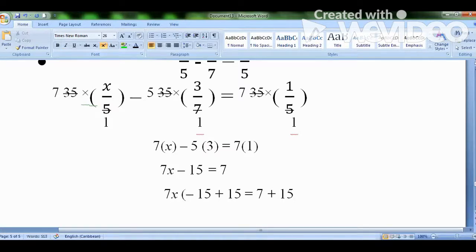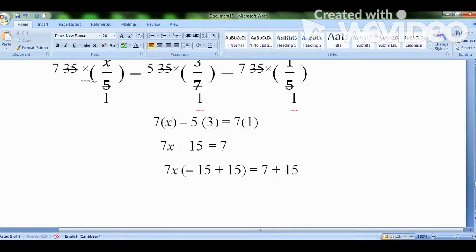That will vanish, not true? So we have 7 given. We must work with it, so that's 7x. That's 22, not true? Yes, sir. So you divide everything by what? 7.